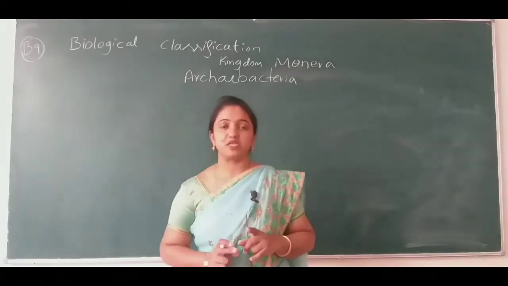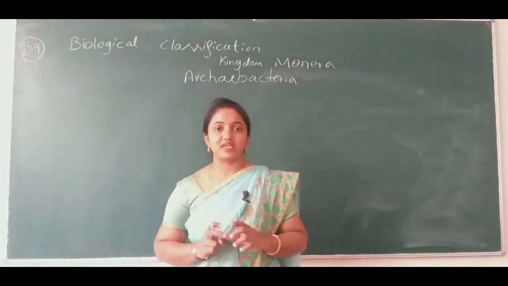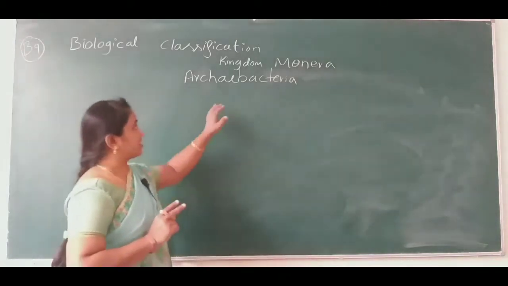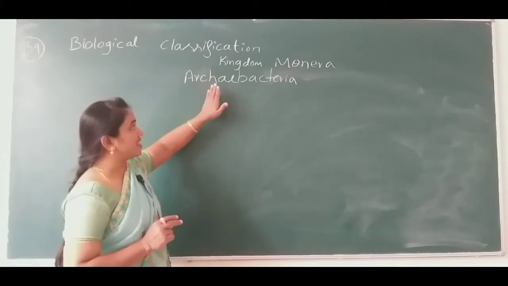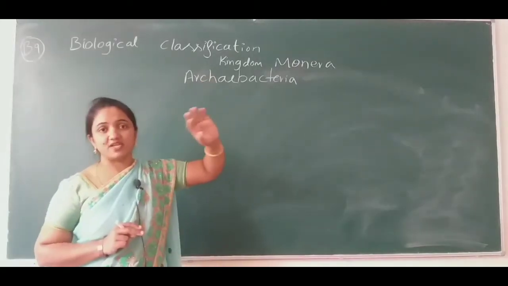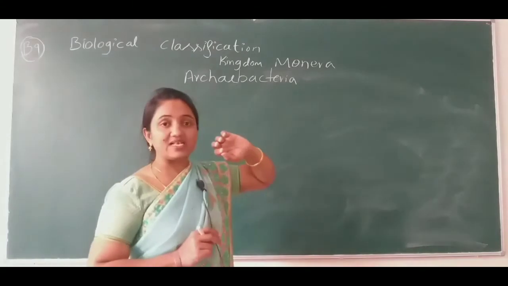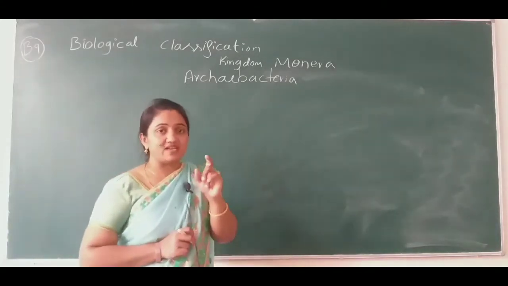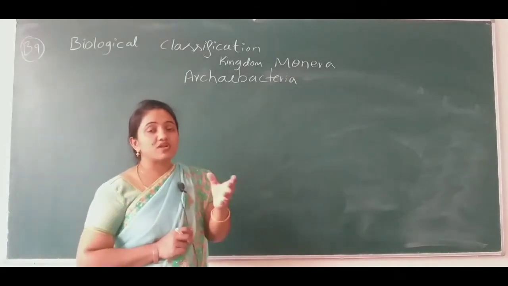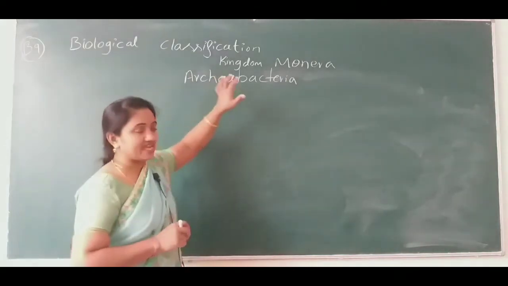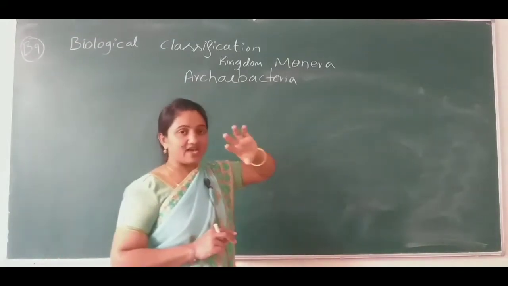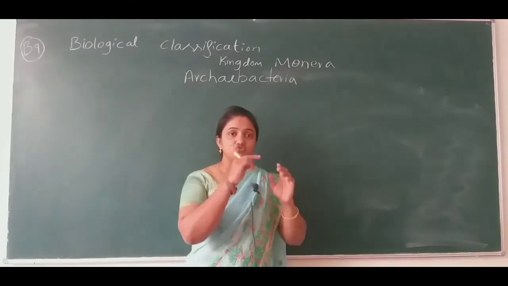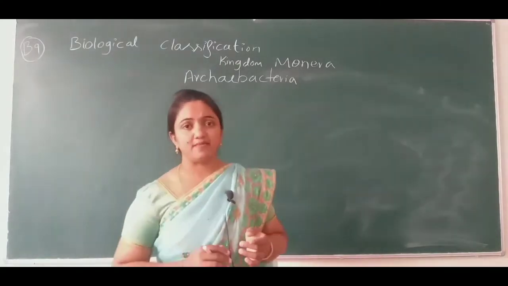Pseudopeptidoglycan, a type of chemical component, is present in the cell wall of Archaeobacteria, so that they can resist high temperature or live in highly acidic habitats. So why are they more resistant? Why is it known as ancient bacteria? Because they have the capacity to survive in extreme habitats.